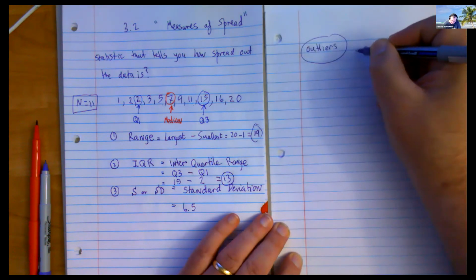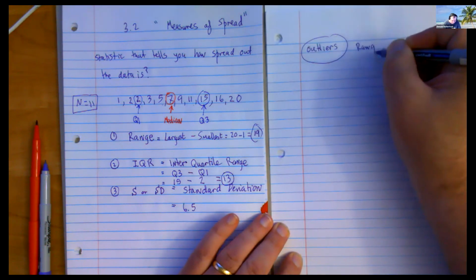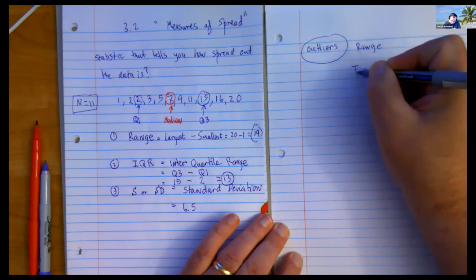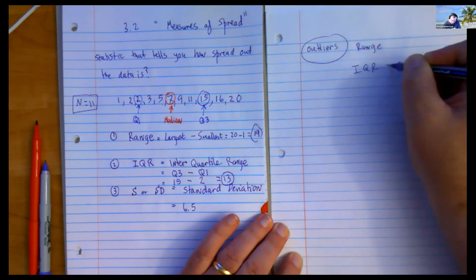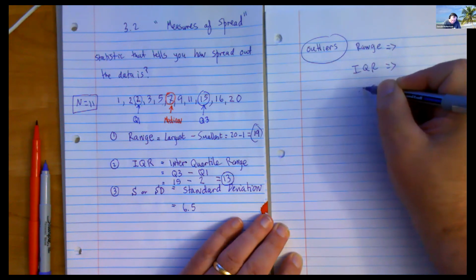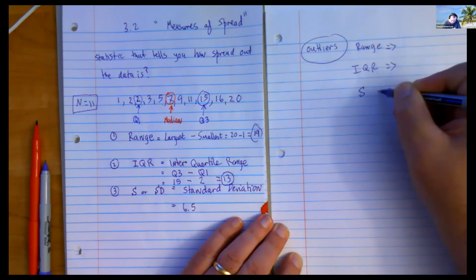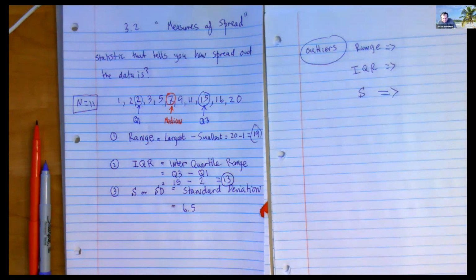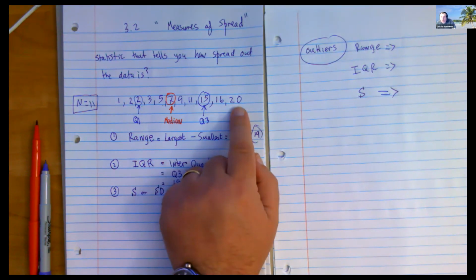Right, so we have range, we have IQR, interquartile range, and we have standard deviation. See, if this last number was 200, not 20, but was an outlier. It was 200.